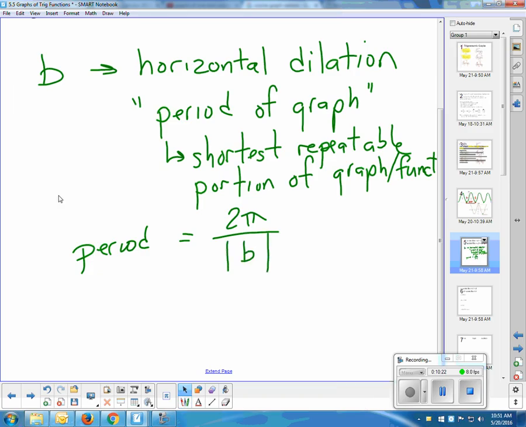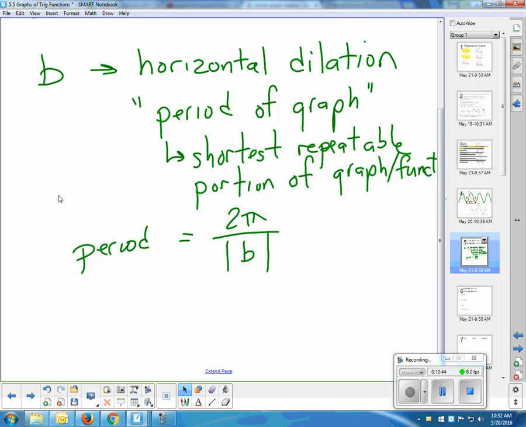We're using the absolute value because we don't want to take into account the reflections. We just want the number piece of it. And it's a divide by b to account for the reciprocal nature of the horizontal dilation. Large numbers would cause shrinks, so I'd be dividing by a large number, which makes 2 pi smaller. And small numbers between 0 and 1 actually stretch the graph.